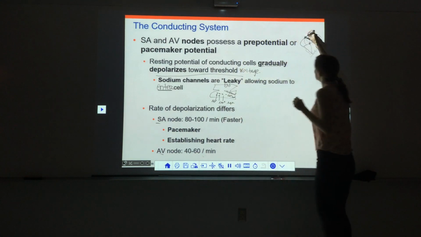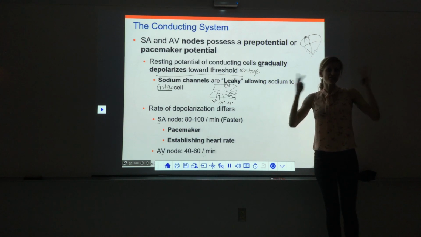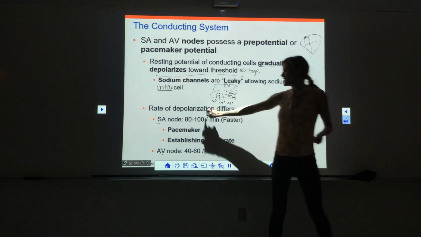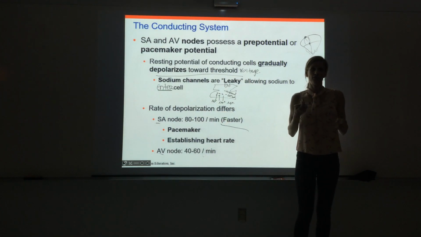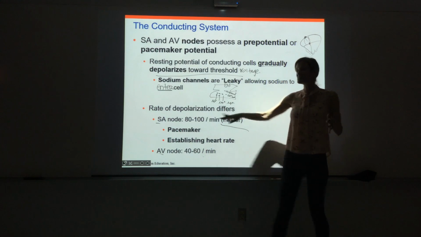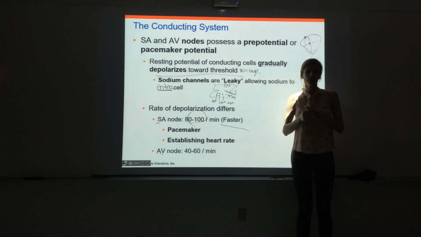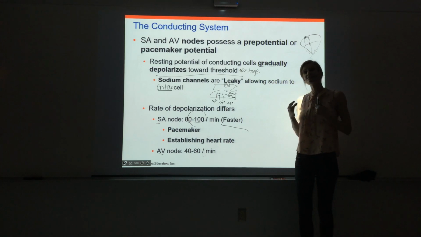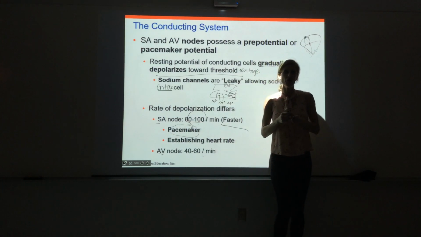The SA node up here is leakier, if you will. The channels allow sodium to enter at a faster rate, so the SA node depolarizes at a faster rate, typically between 80 and 100 times per minute. It leaks quicker and gets to depolarization faster. Because of this, the SA node is what we call the pacemaker of the heart.